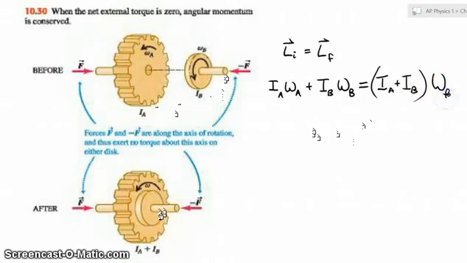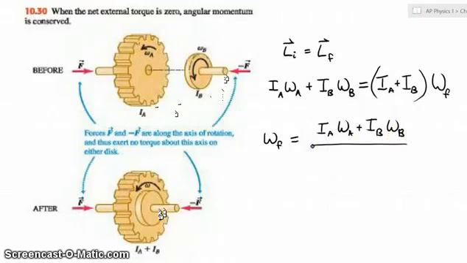We'll call that angular velocity final. And if we wanted to find the final angular velocity, we could solve for it. And you'll notice that this equation looks very similar to a completely inelastic collision in a linear system where the two objects got stuck together.